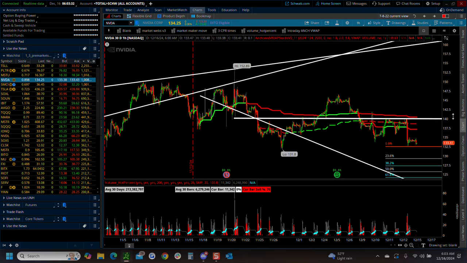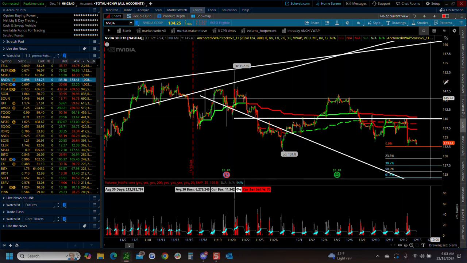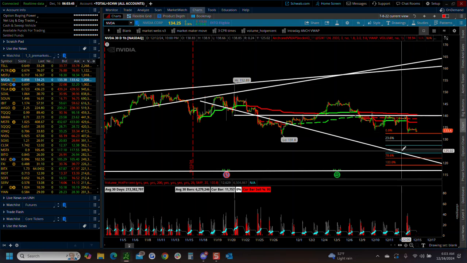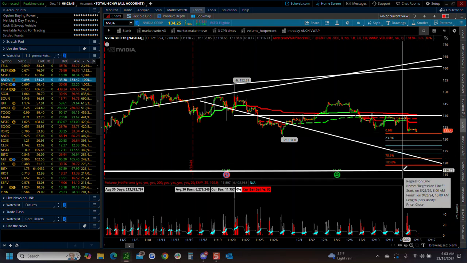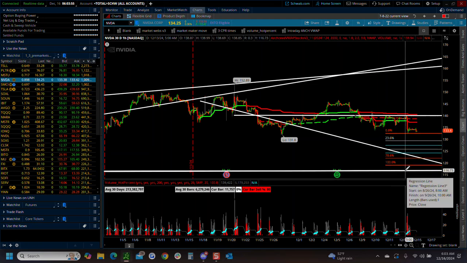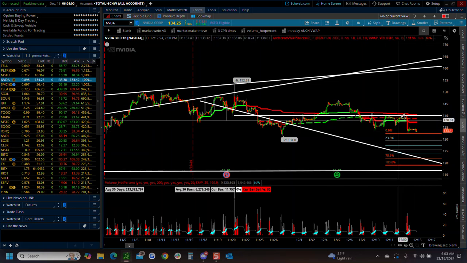If this thing starts to lose the support area, the 131.80-ish, it could be a very quick move down into the 116 area. The 119, 116 area could happen quite quickly. So definitely everything's looking bearish here on Nvidia early on this morning.